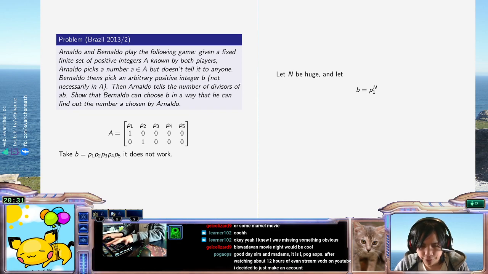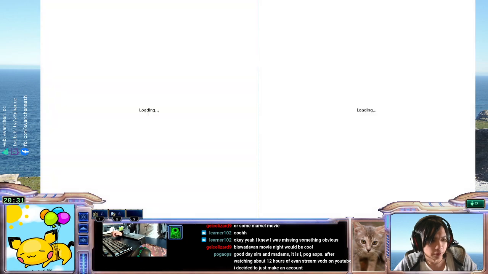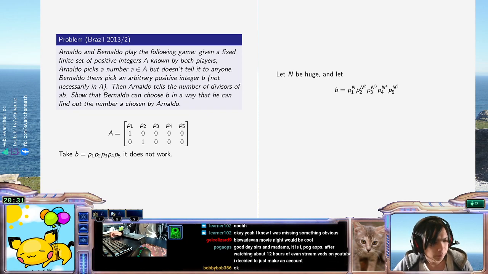And what happens is if n is sufficiently large, then when you do the multiplication, a times b will be p1 to the n plus e1, p2 to the n squared plus e2, p3 to the n cubed plus e3.